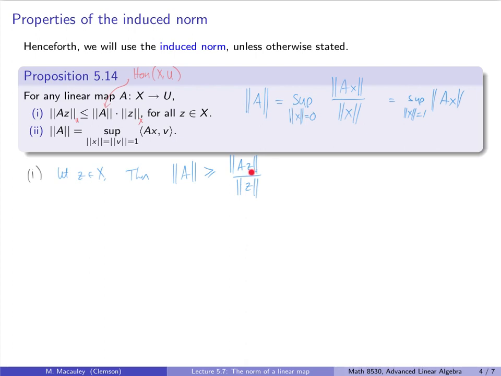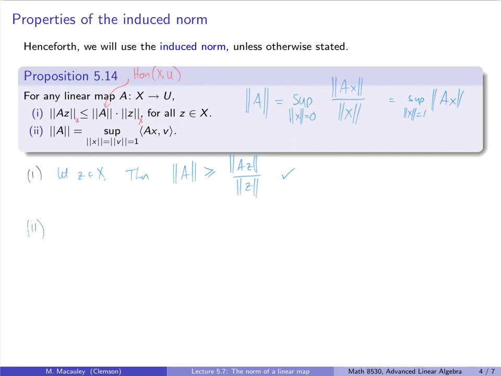For some Z, it likely won't achieve the maximum. And that's exactly what we had to prove. There's really not much to this other than unpacking the definition. Now part 2, what's this about?